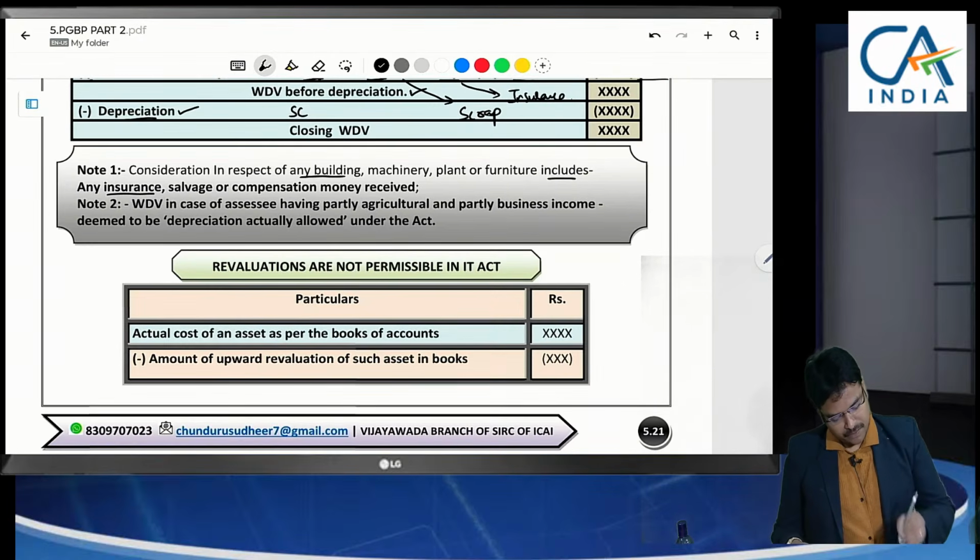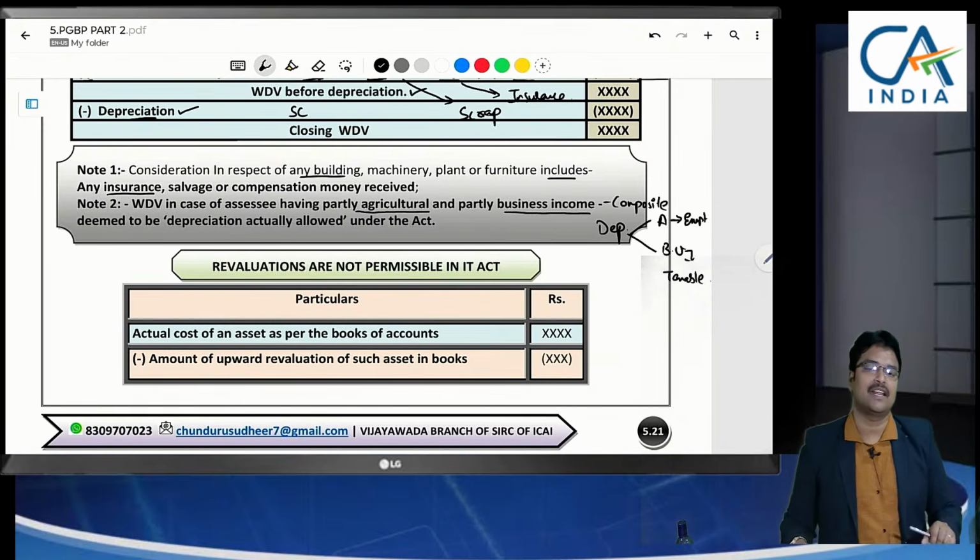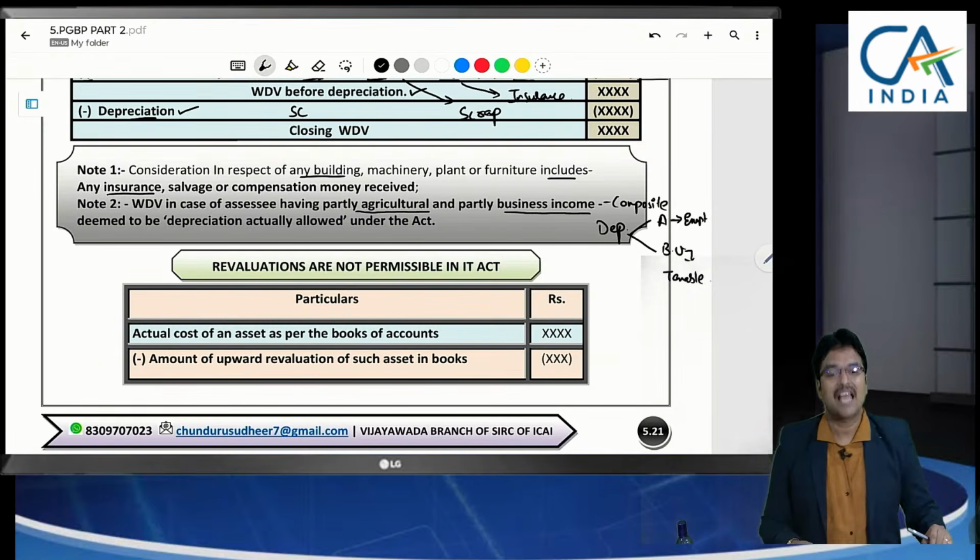Next, a very important thing: if we have both agricultural and business income, that means composite income, depreciation on the asset among agricultural use and business use must be separated, because agricultural income is exempted under the Income Tax Act, while business income is taxable.